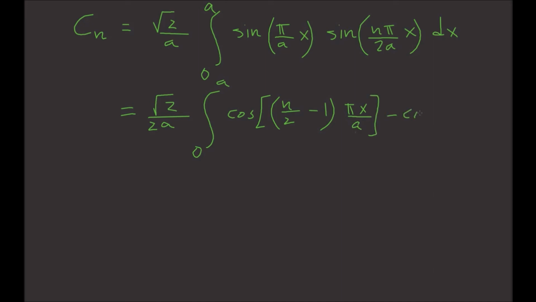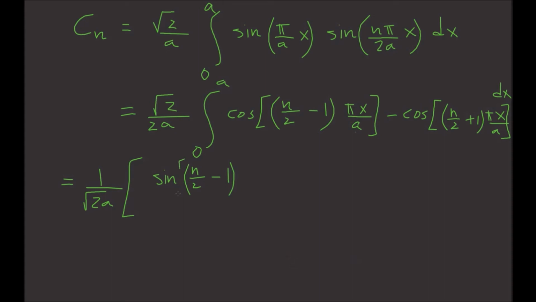And this is minus cosine of n over 2 plus 1 times pi x over a dx, which is equal to 1 divided by the square root of 2a times the sine of n over 2 minus 1 times pi x over a divided by n over 2 minus 1 times pi over a, right?